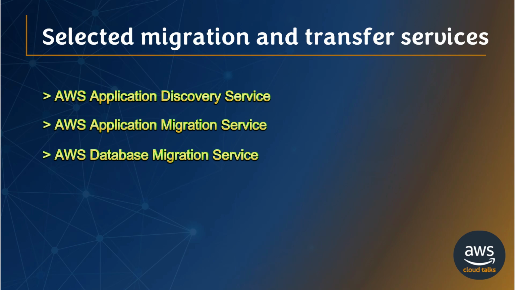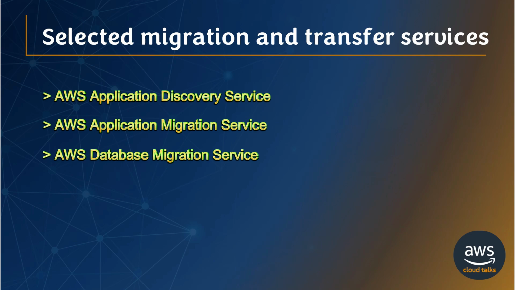AWS Database Migration Service. AWS Database Migration Service (AWS DMS) helps you migrate databases to AWS easily and securely. The source database remains fully operational during the migration, minimizing downtime to applications that rely on the database.